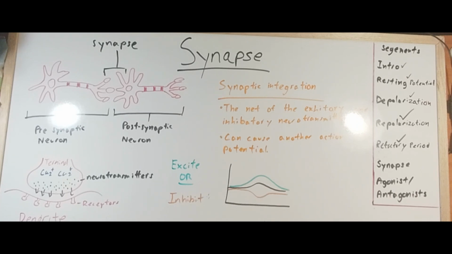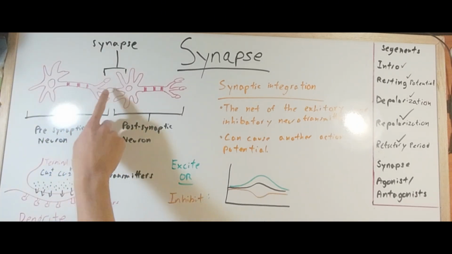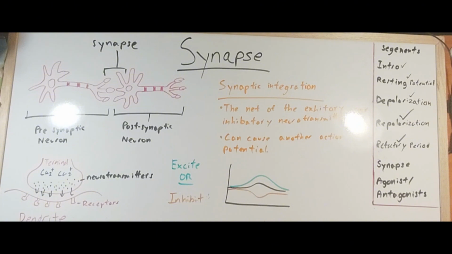So once the action potential reaches the terminal axon, it causes depolarization there. And now, instead of just sodium ions entering, calcium ions enter the axoplasm, and they bind with contractile proteins that pull vesicles containing neurotransmitters towards the axon membrane at the synapse.